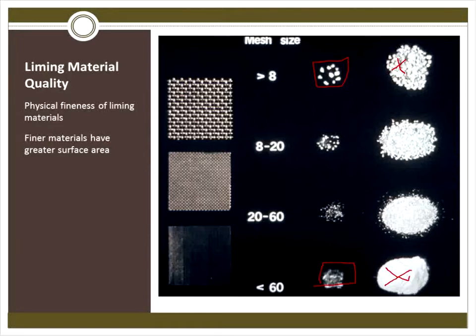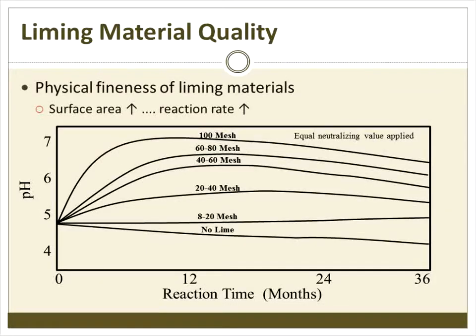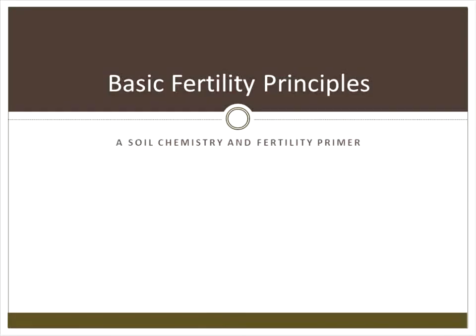So when you're fertilizing or liming, you get the benefits of the throwing capacity of the large stuff, and the quick lime fix of the small stuff, and at the same time you also get the longevity of the larger particles. So you get a quick fix from the small stuff up here, and longevity from the big particles down here. So, liming material quality.